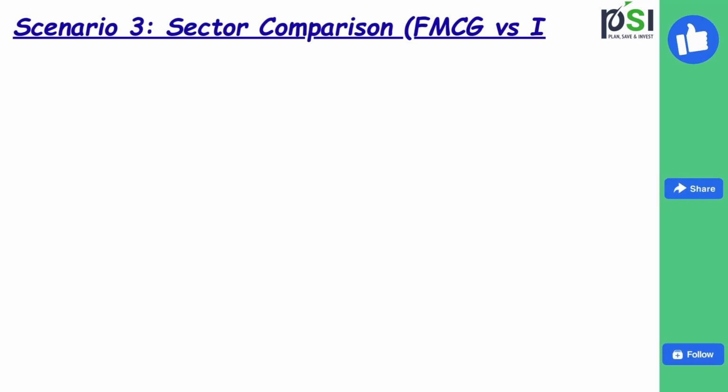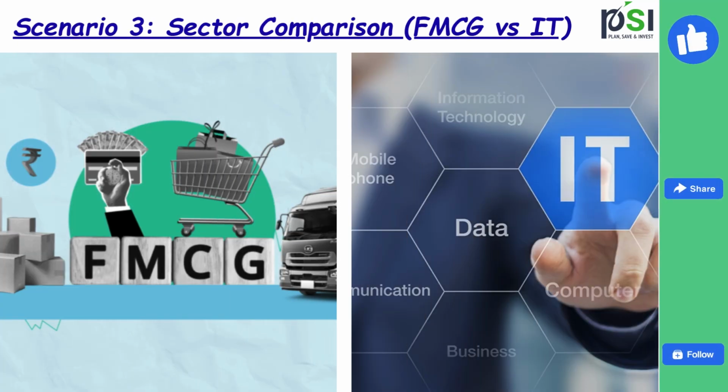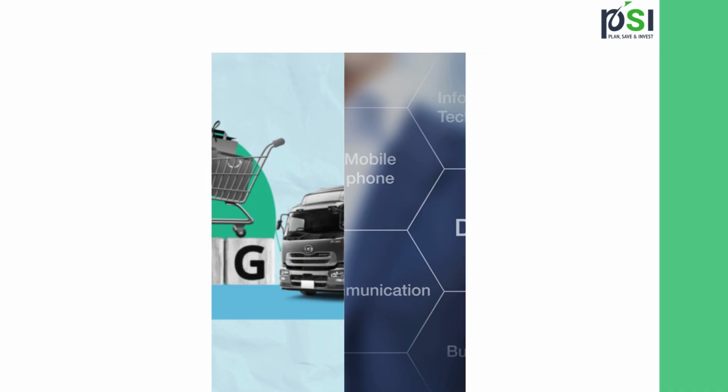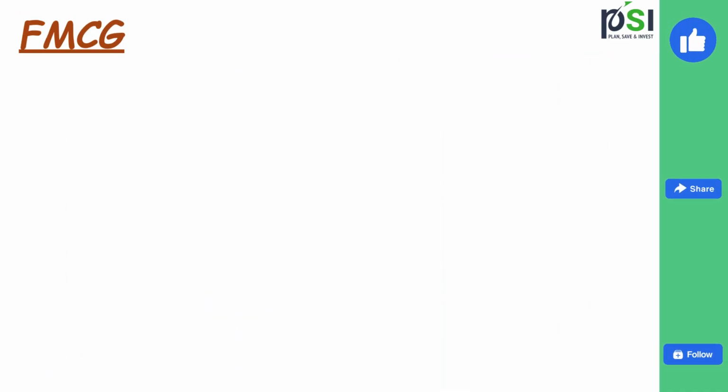There is another scenario, scenario 3, sector comparison, FMCG versus IT. You have to take the average of the sector or industry instead of sticking to your values: less than 1, lower value; greater than 1, higher value. Suppose you take FMCG.